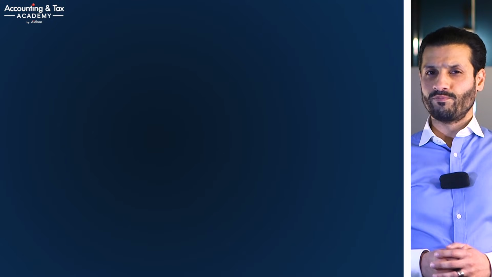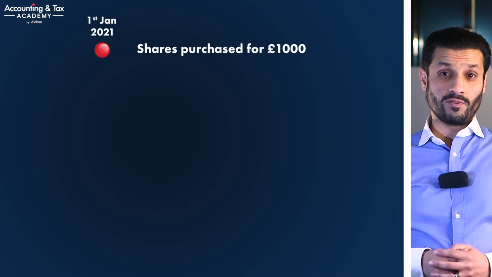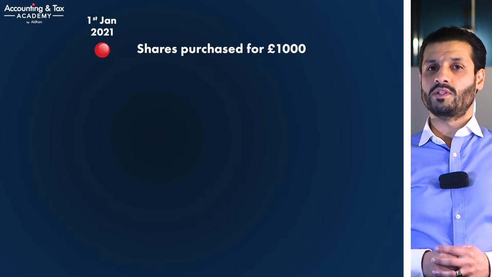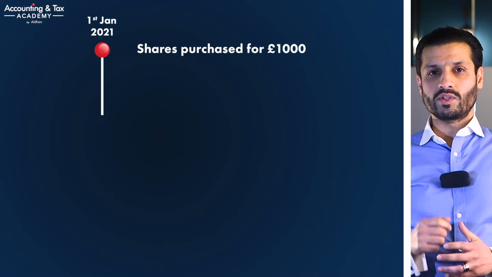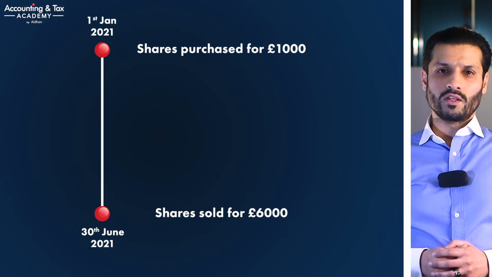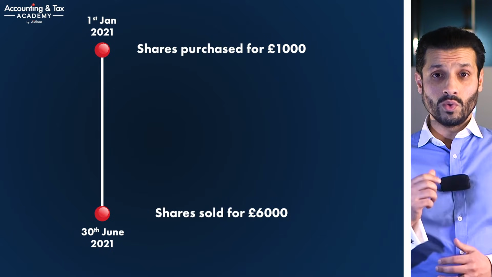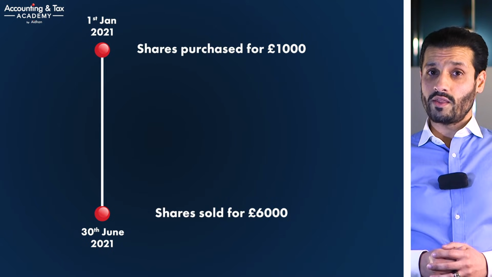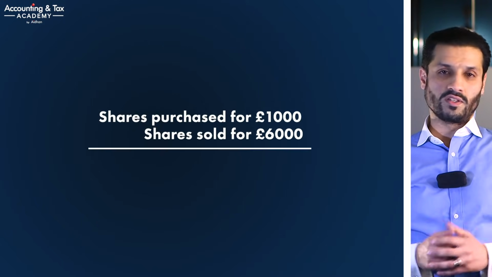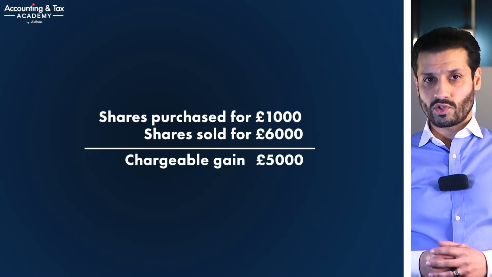So let's illustrate a capital gain with an example. If you, as a UK resident individual, bought some listed shares, say for £1,000 on the 1st of January 2021, and went on to sell them for £6,000 on the 30th of June 2021, the chargeable asset is the listed shares, the chargeable person is you, the UK resident individual, and the chargeable gain in this simple example is £5,000, ignoring the annual exemption and other deductible costs.